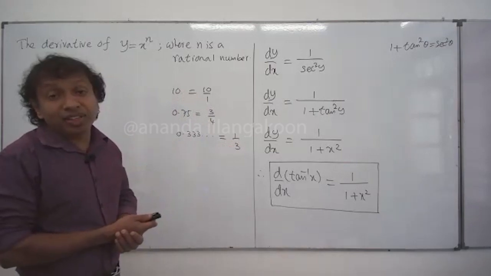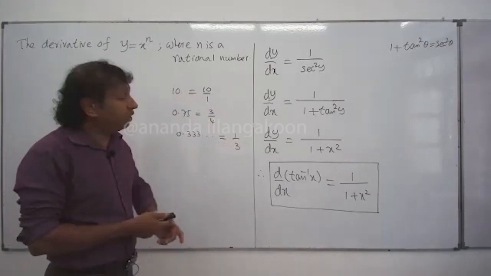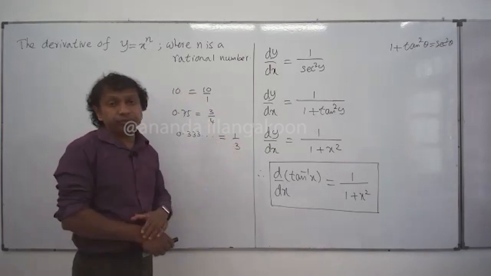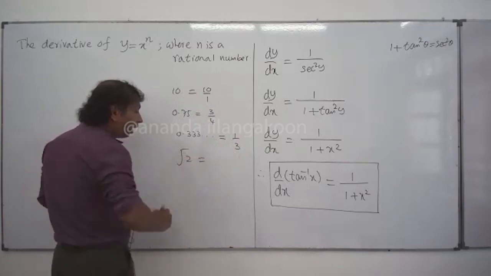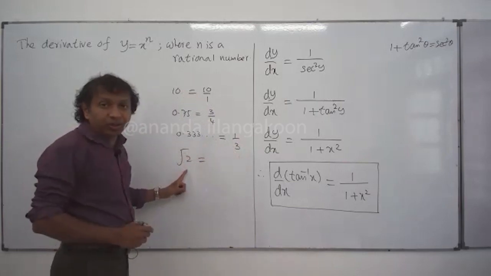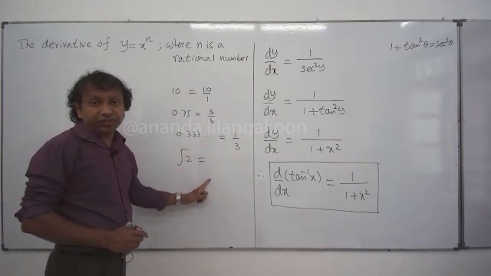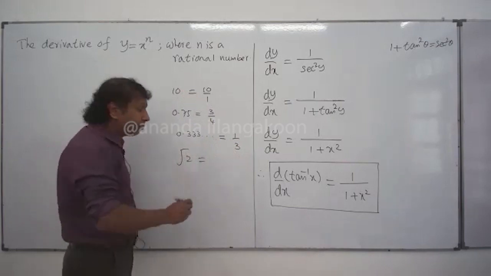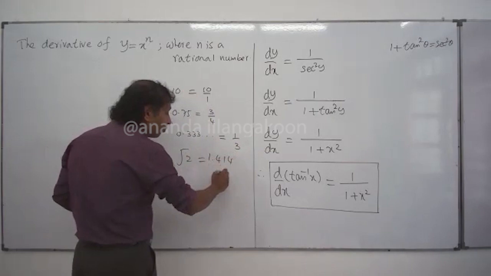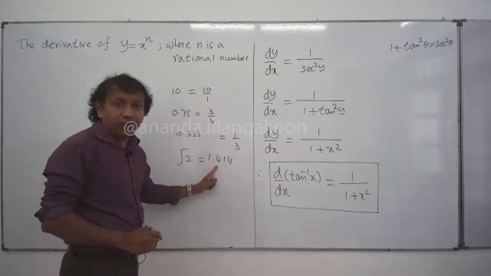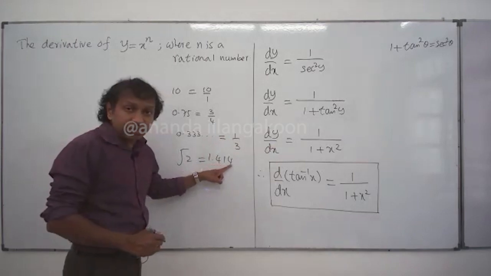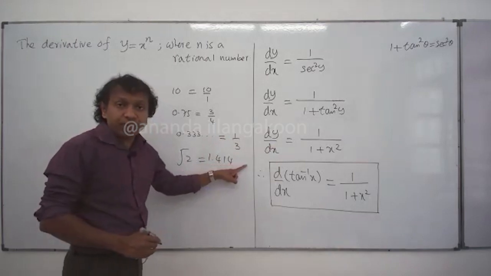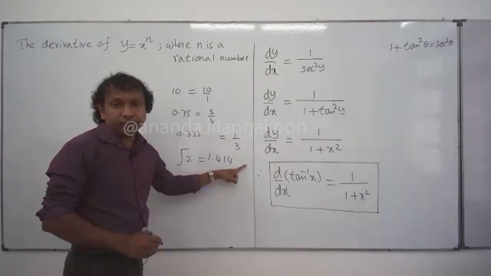Some numbers cannot be written in this form as a fraction, especially when we consider root 2. The answer of root 2 we can't write as a fraction. When we write its decimal expansion up to 3 decimal places, we get 1.414 and so on. When we very carefully analyze the decimal expression, you can't see any pattern.